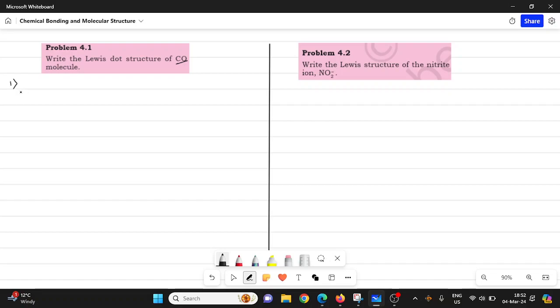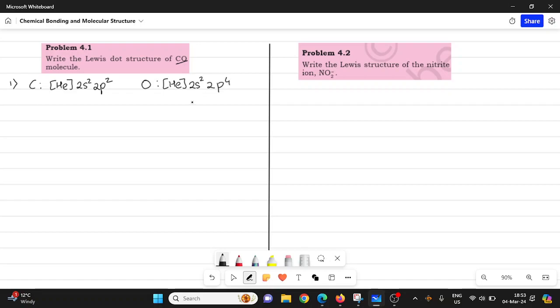So the first step is we have to figure out the number of valence electrons. For us to do that, let's write out the outermost configuration for both carbon as well as oxygen. Carbon's outermost configuration is going to be helium 2s2 2p2. Oxygen, on the other hand, is going to be helium 2s2 2p4.